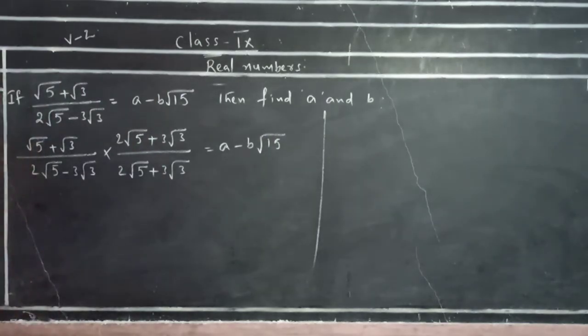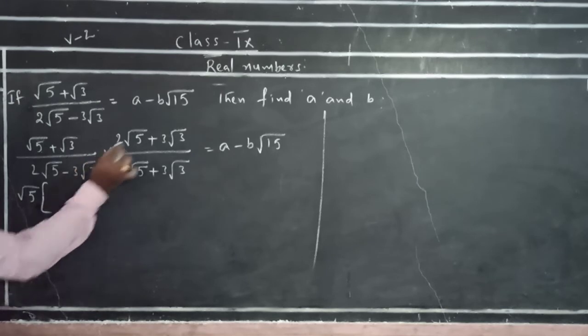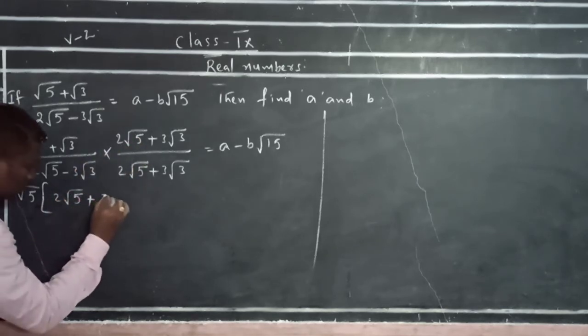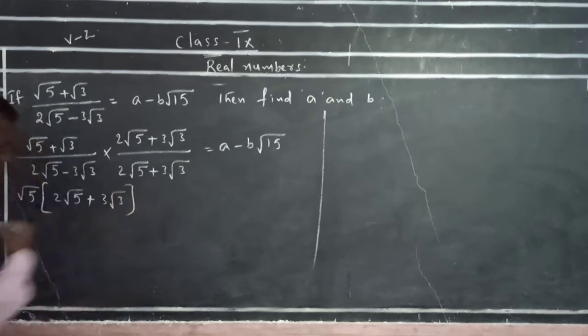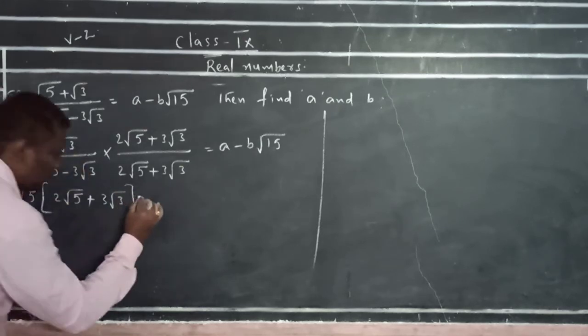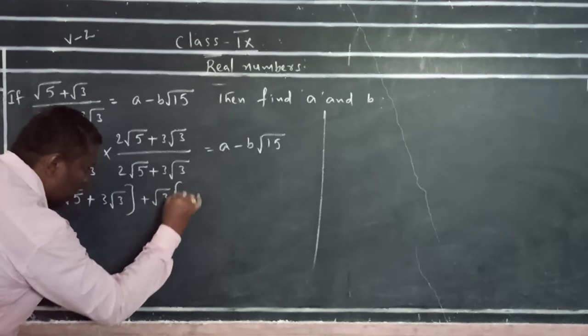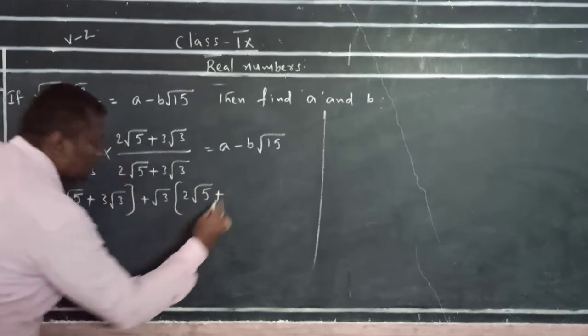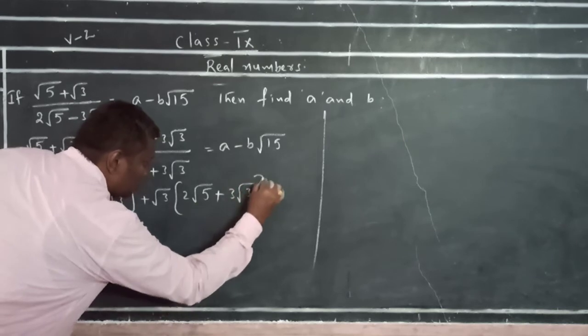Okay. Multiply here root 5 into (2 root 5 plus 3 root 3). Again here root 3 into (2 root 5 plus 3 root 3).